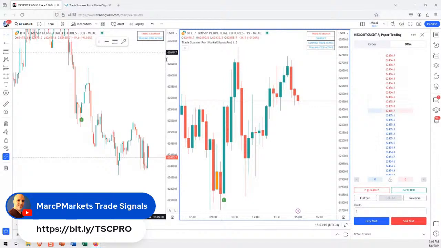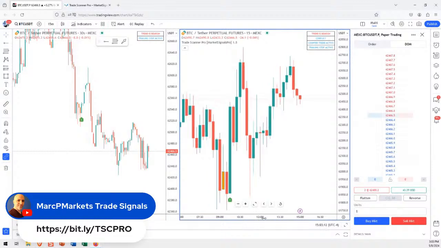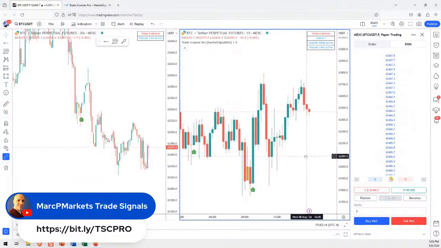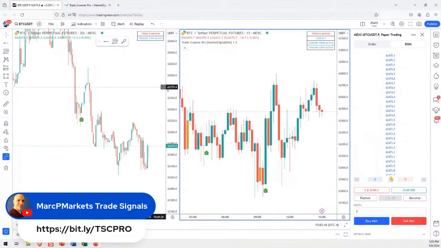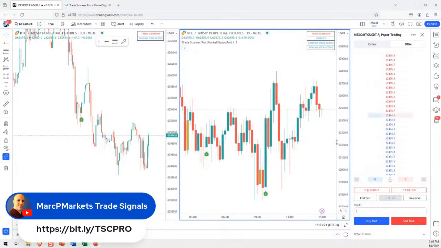It doesn't mean that I'm going to be right. It just means that I think there's a better chance we break the support. And there is some support in this area. Look, there's an old resistance here. See that? There is some old resistance back here. So that can be problematic. Let's see.